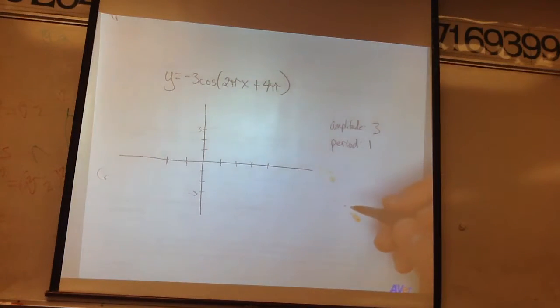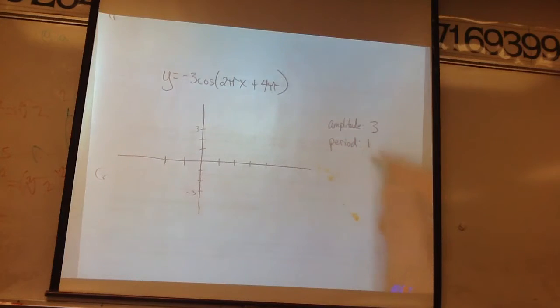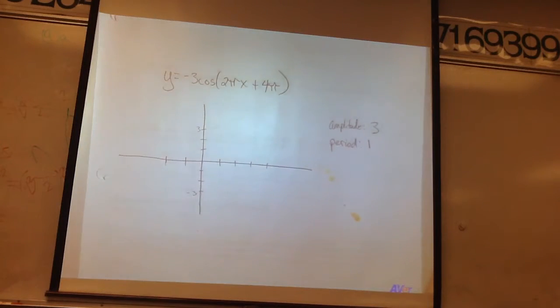That really doesn't help us. The way I do this is plug in some points. What would old Stanberry tell you? Plug in points. This is all about plugging in points. This stuff will help you do it faster. Phase shift doesn't really help you do it faster. So, what do you like to plug in first? 0.